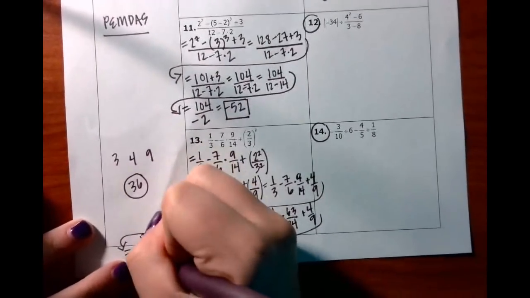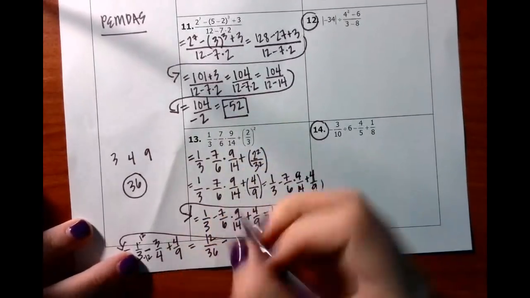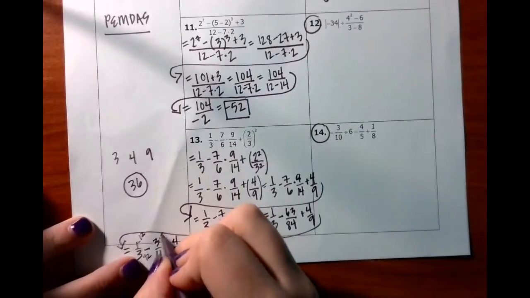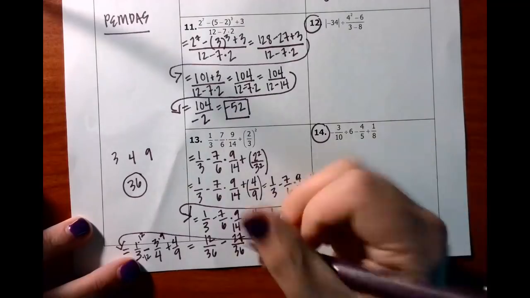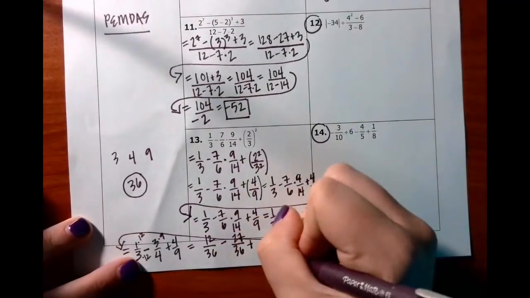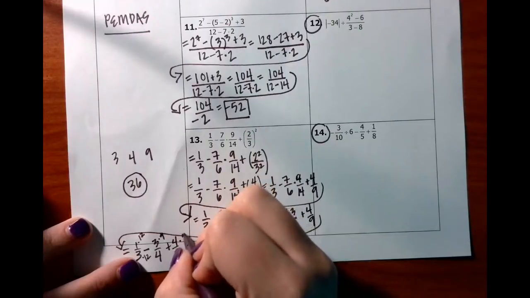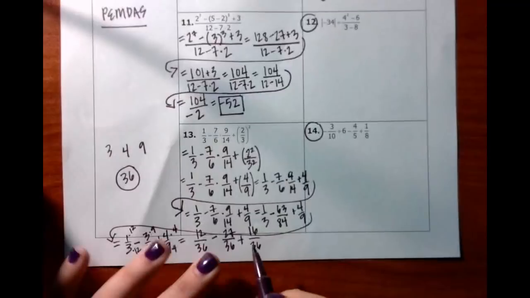So 1 times 12 is 12, minus 4 times 9 gives me 36, so I'm going to multiply the numerator by 9 as well. That gives me 27, plus 9 times 4 gives me 36, so I'm going to multiply the numerator by 4, and that gives me 16. Now it's nice and easy.